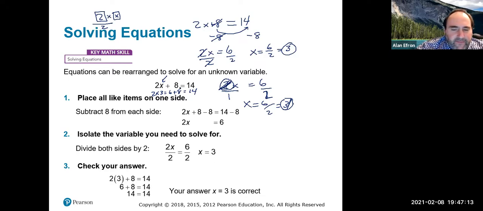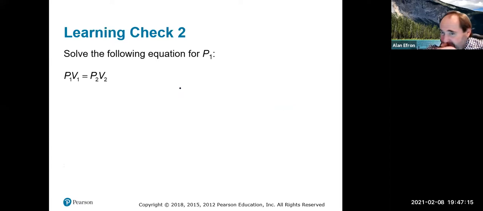We personally won't be doing a lot of solving for x. We most likely will be doing solving like this. This particular formula here was known as Boyle's law. And so, for example, if I wanted to solve for P1, what that basically means is I want P1 to be by itself.